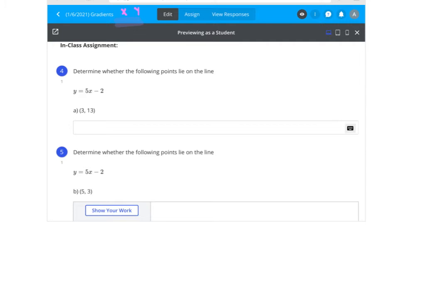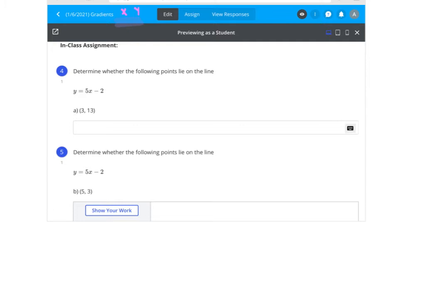And then would you say that 3 is equal to 23? Would that be a true statement? Well, I hope that you say no. So 3 equaling 23 is not a true statement. In order for this to be a true statement, I'll have to cross out the equal sign. So that means that 3 does not equal 23.